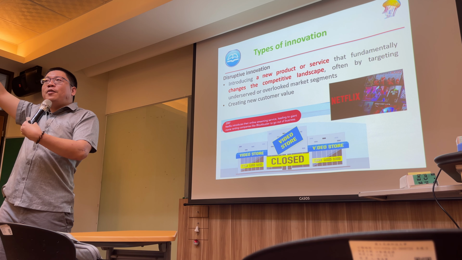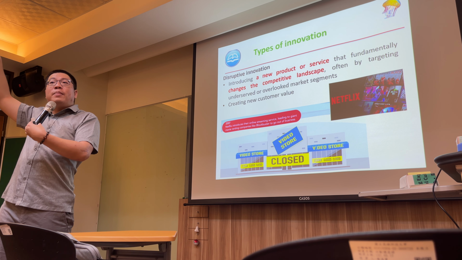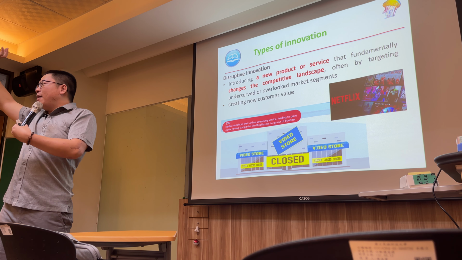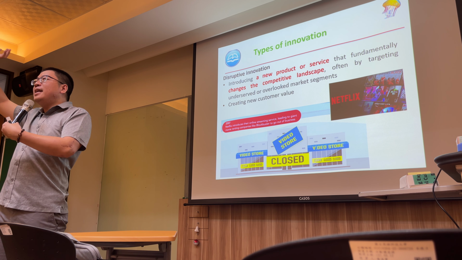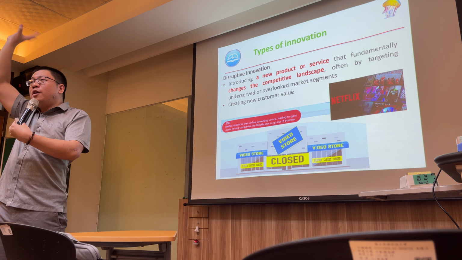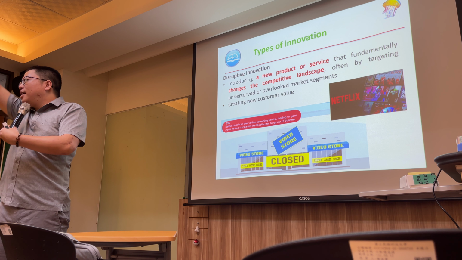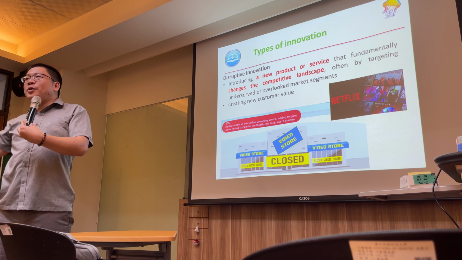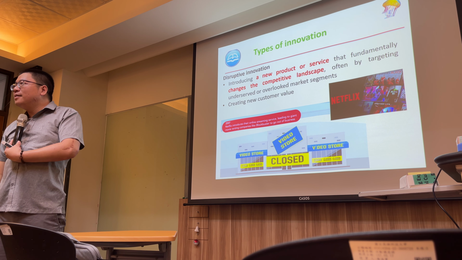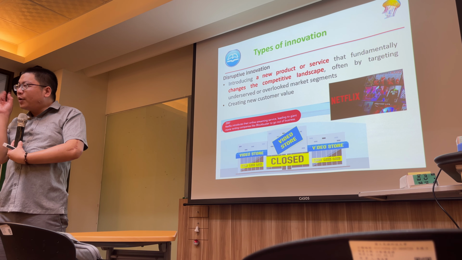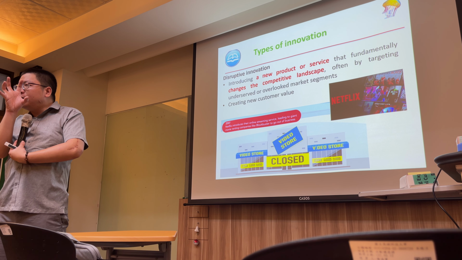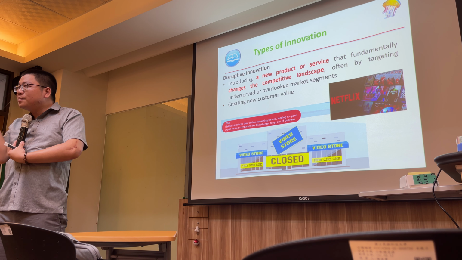As a student, or maybe a small company, or SME, it's impossible for you to create a disruptive innovation. It's too difficult for you to change how the industry is operating. So to make it simple and easy to understand, just focus on two types. Discuss two types, incremental and radical.